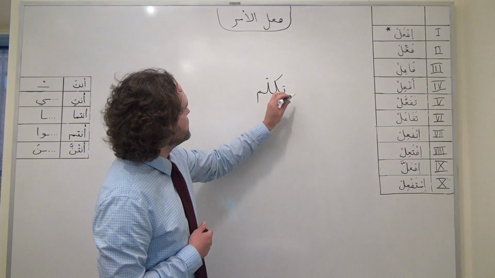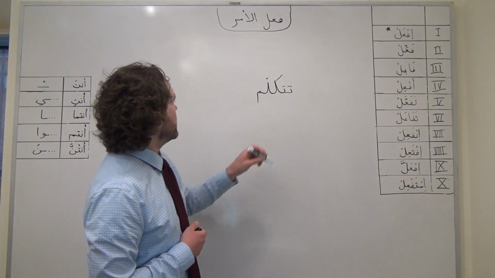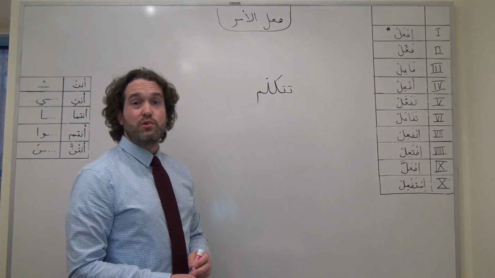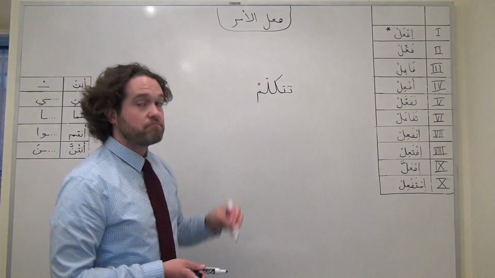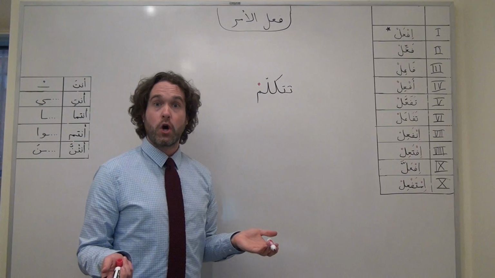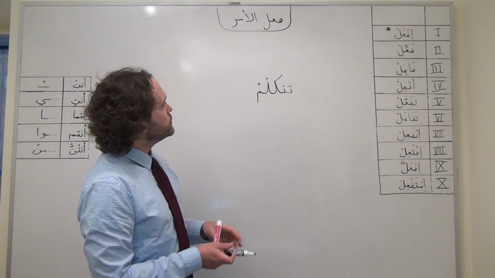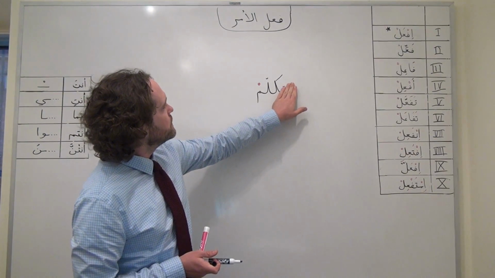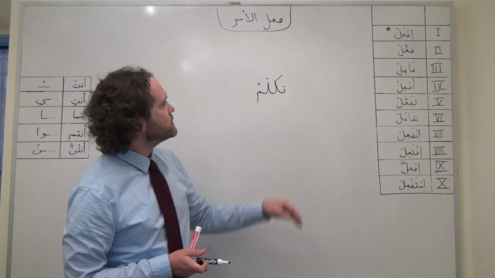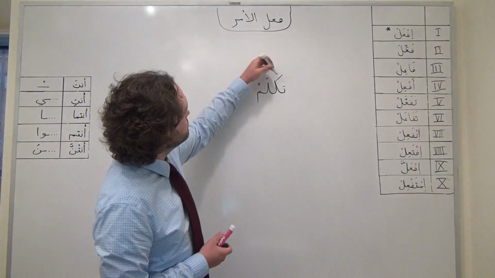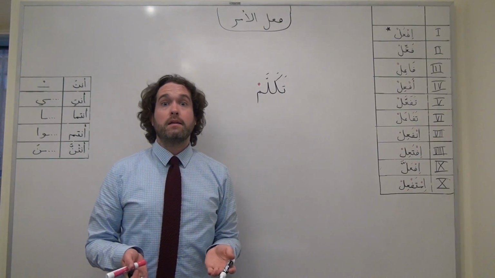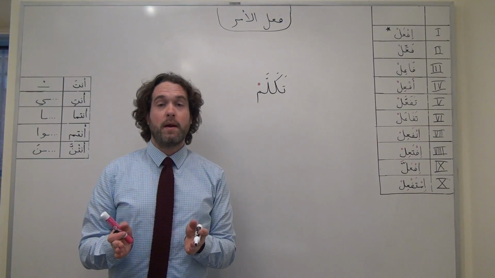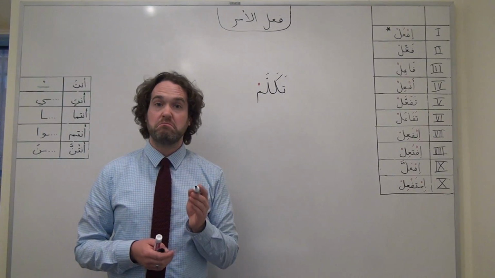In that case it would be تتكلم. And because it's majzoom, it has a sukoon at the end. This is formal Arabic, fusha, that we're talking about here. Now what I would do is drop that subject prefix, and I would be left with تكلم. And that is how I would say to a grammatically masculine individual, speak.